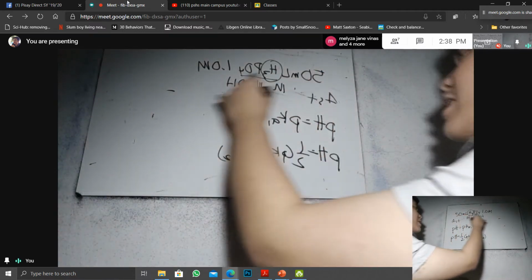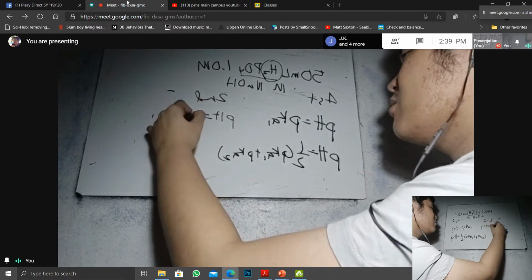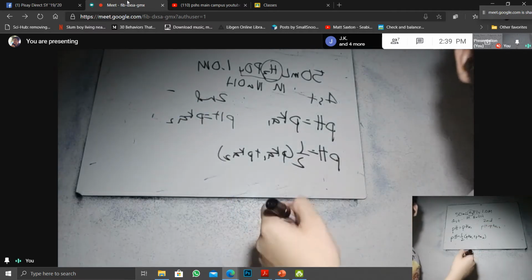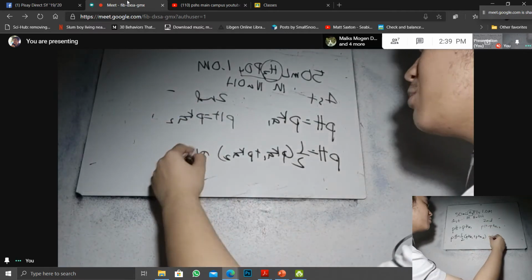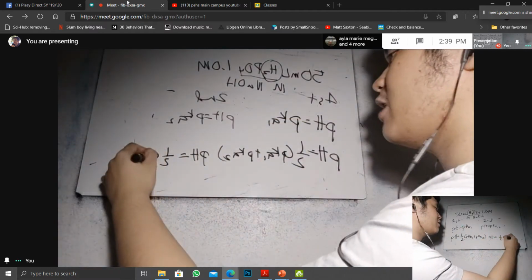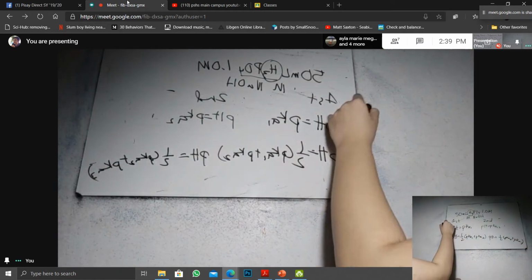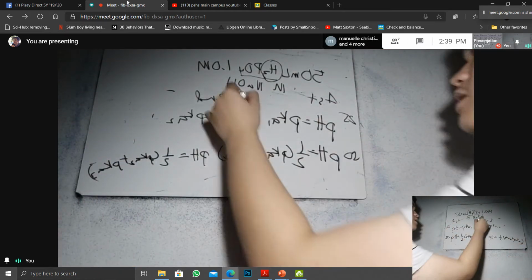Second half equivalence, ganun din, pH equals pKa2. Tapos, second equivalence point, 1/2 pKa2 plus pKa3. This one is 25, 50, 75, 100.